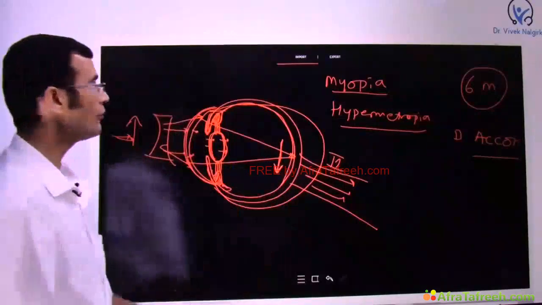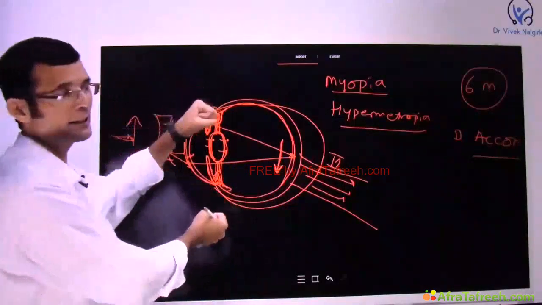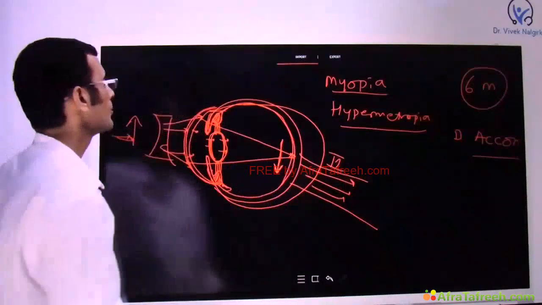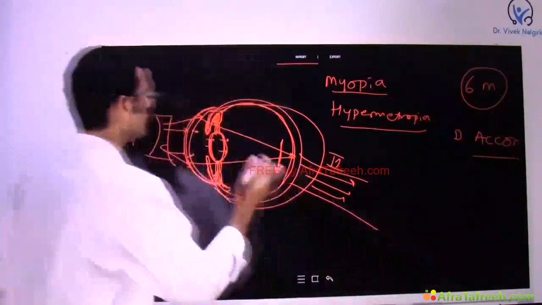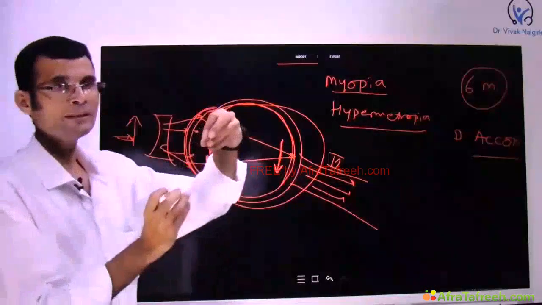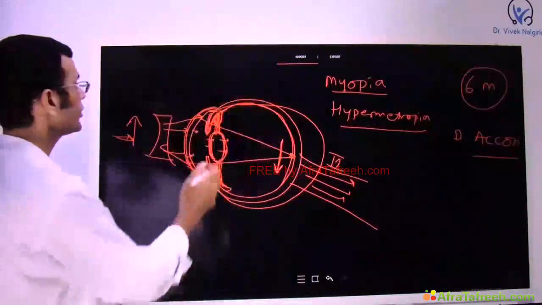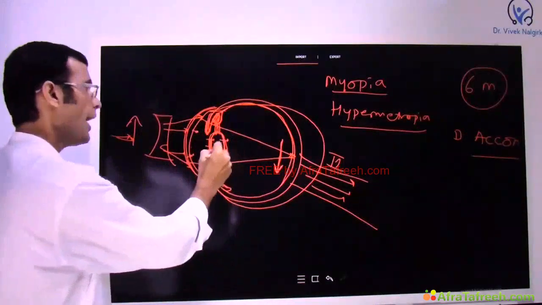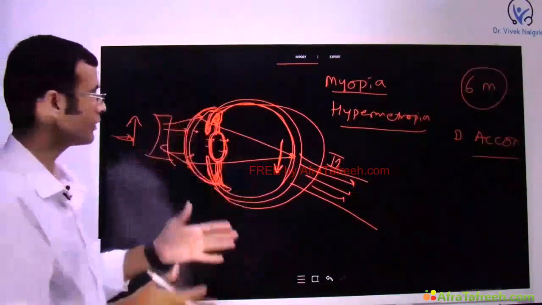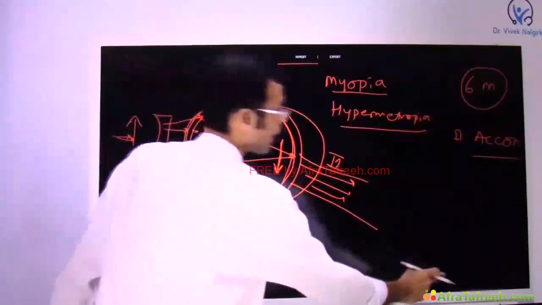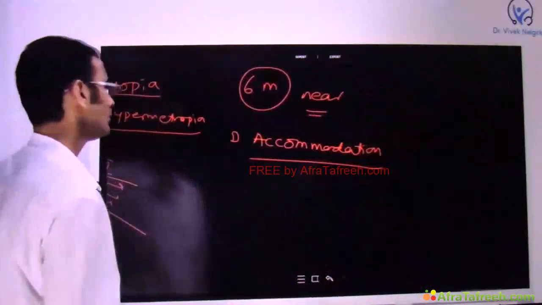This is achieved by the contraction of the ciliary body and ciliary muscle, so that the suspensory ligaments release their tension on the lens and the lens curvature will be increased. So lens power is increased.